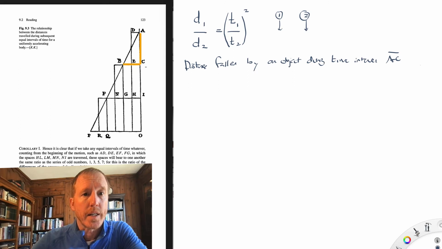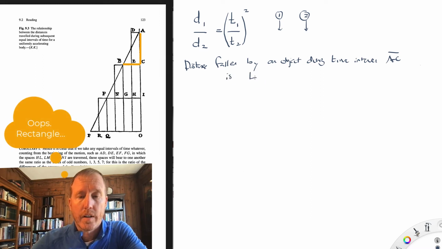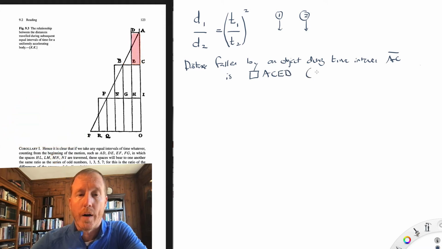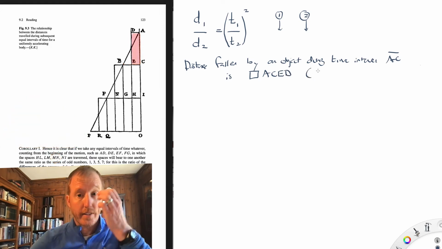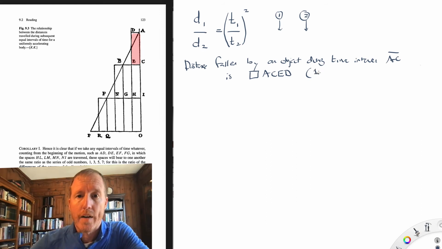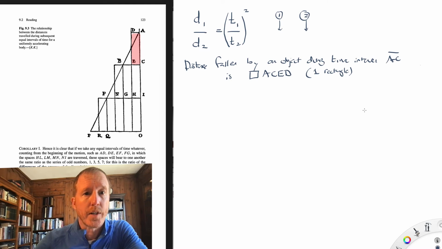So the average speed has a magnitude of the line segment CE, and hence it travels a distance computed by the mean speed theorem given by the triangle ACED. That is, I'm sorry, I meant rectangle. The rectangle ACED. So it travels a distance of one rectangle. And remember, by rectangle, we mean a unit of distance. It's a distance traveled by an object moving with speed EC for a time AC.